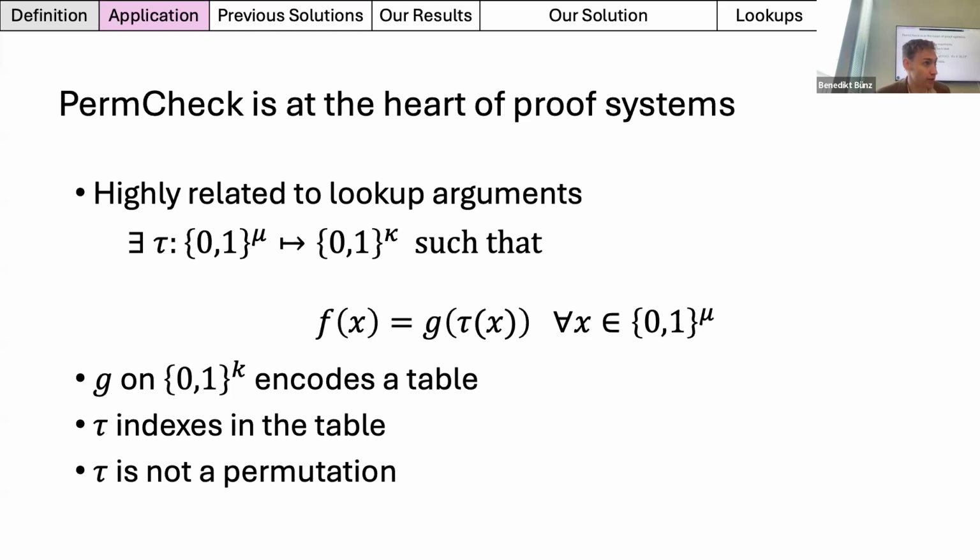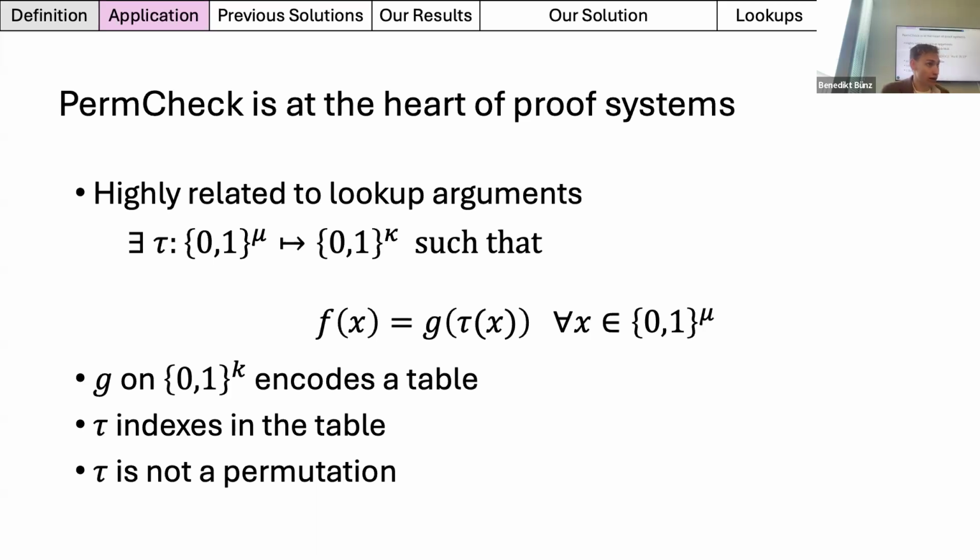So you don't need memory checking anymore to prove lookup arguments. I guess the memory checking is still below for permutation check. Yeah, memory checking also uses permutation checks. So can we just replace the permutation check in the memory checking? Yeah, we could do that, but first of all, there are some soundness downsides, so it's much better to do it directly.